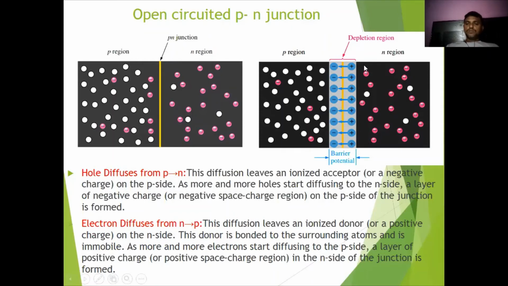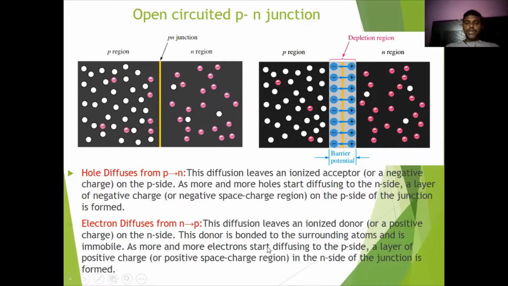As this movement increases, a layer of donor ions forms nearer to the junction. This diffusion leaves an ionized donor, or positive charge, on the n side. This donor is bonded to the surrounding atoms and is immobile. These ions cannot move.